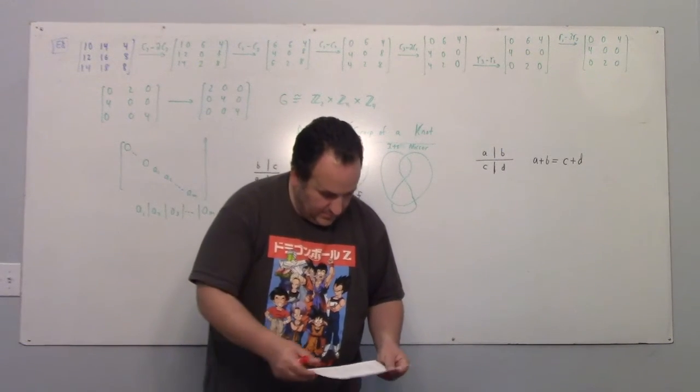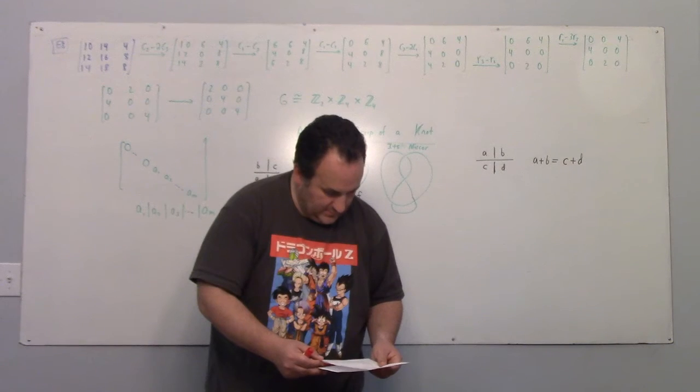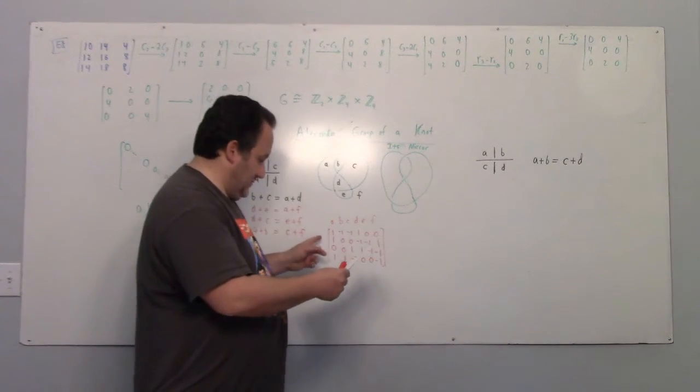I'm trying to remember here. Yeah, I think I said to, let's see, here's that one. 1, 1, 0, 0.